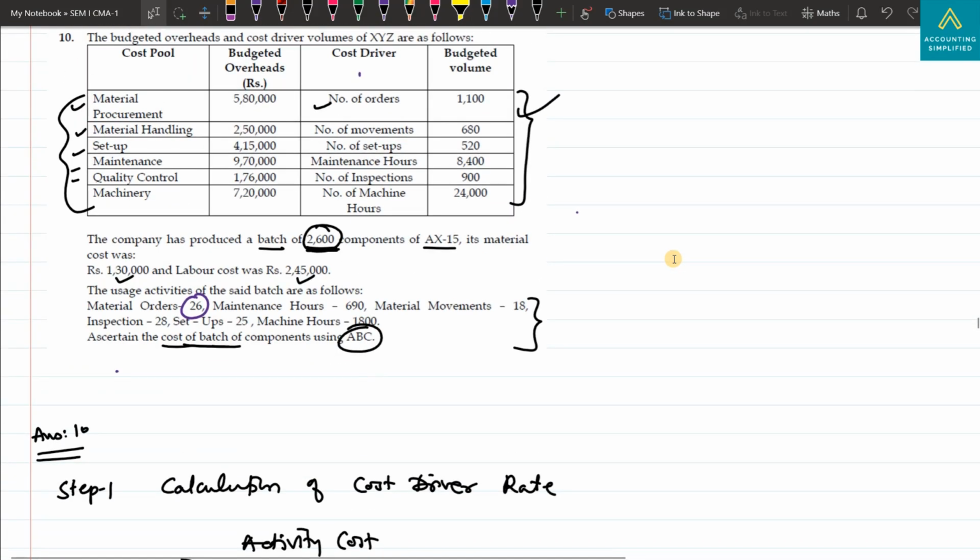Now look at this. Ascertain the cost of the batch. In the batch, we have 2600 units, so we have to find out the cost of 2600 units, not the cost per unit which we were calculating.